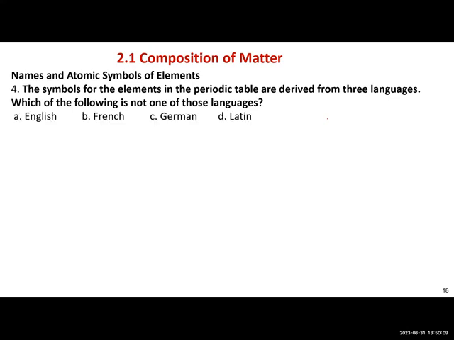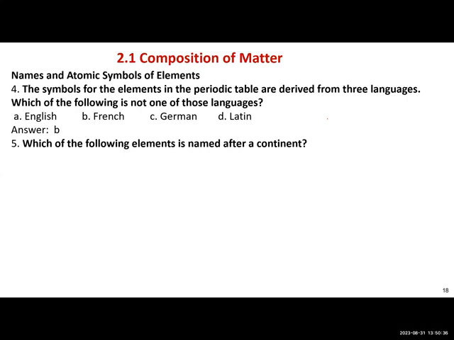Normally, most names of elements came from English, German, and Latin. French names are not used much. Therefore, the one that is not used is French.